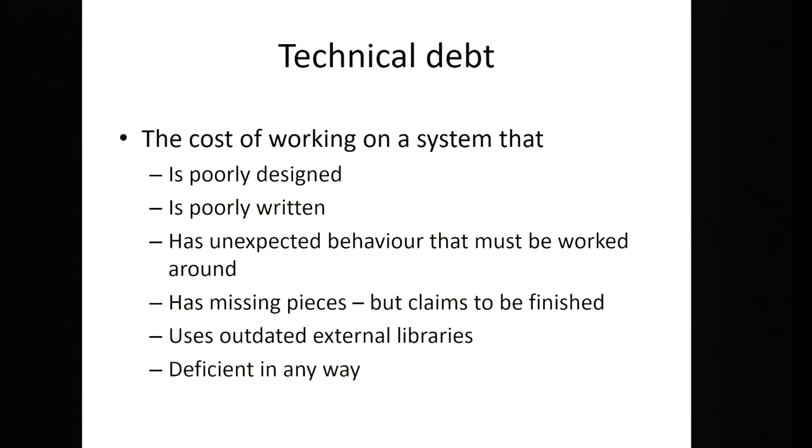So basically all of these things are some amount of debt, and the debt analogy comes from things like mortgages, in the sense that when you're buying a house, you take out a big mortgage, and then you spend the next 30 or 40 years paying it off.